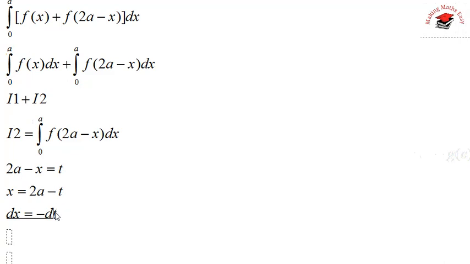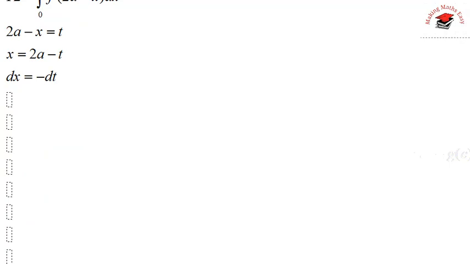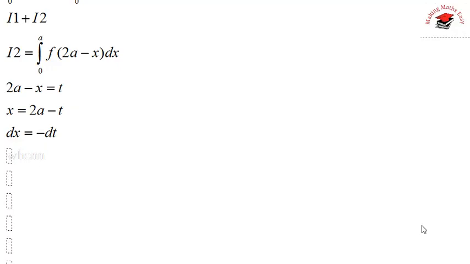Okay, so we will resubstitute the values and integrate this function with respect to t. As we are integrating with respect to t, when x is equal to 0, the value of t will become 2a. In I2, the upper limit is a and the lower limit is 0.